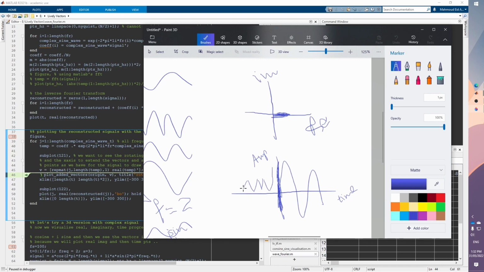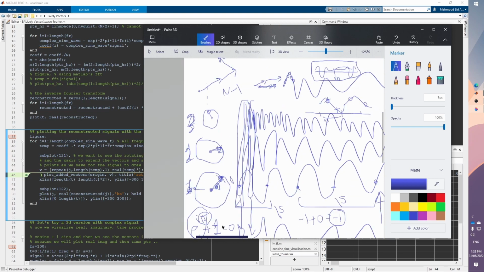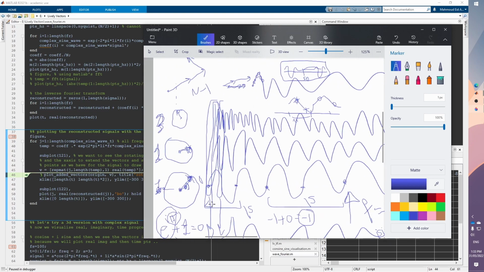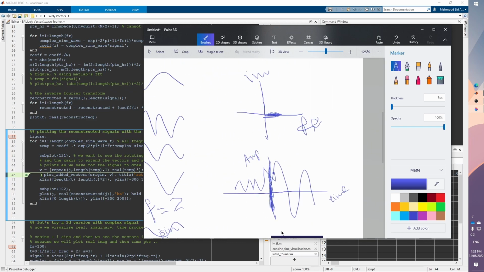So you would see vectors added together like that, and they are going to the end effector position, and this end effector position is actually drawing the amplitude of the signal, because they are added together at an instant of time to give the amplitude of our signal.